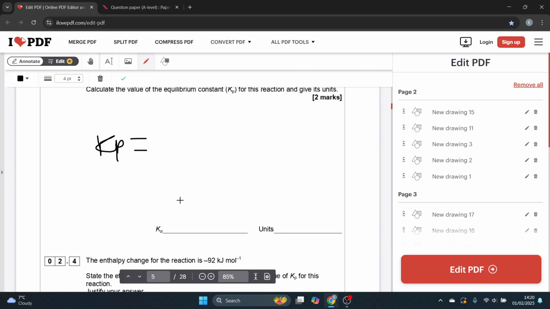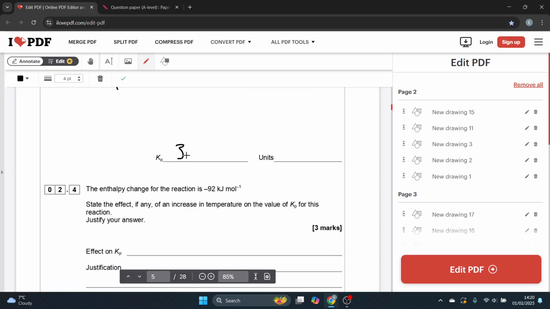I get, I guess I'll say, 3 times 10 to the power minus 3. Yeah, there's 2.98, so I said 3.0 times 10 to the power minus 3.